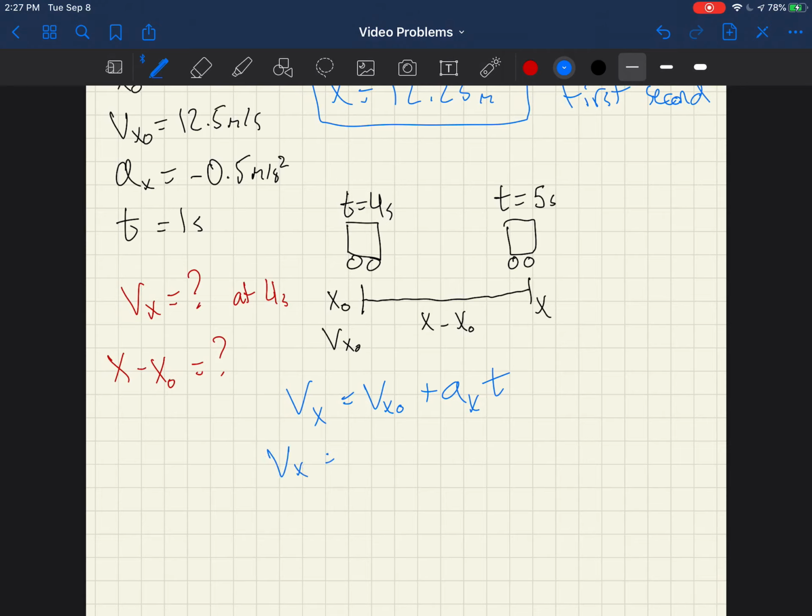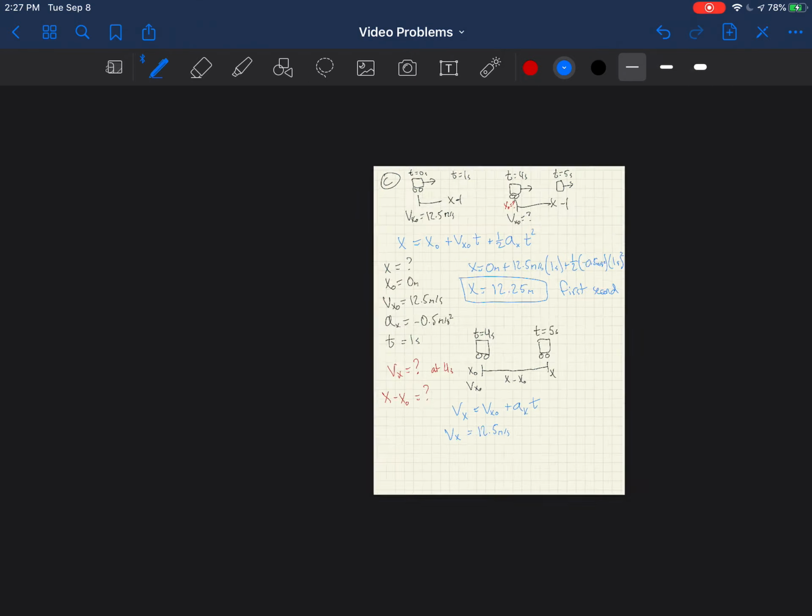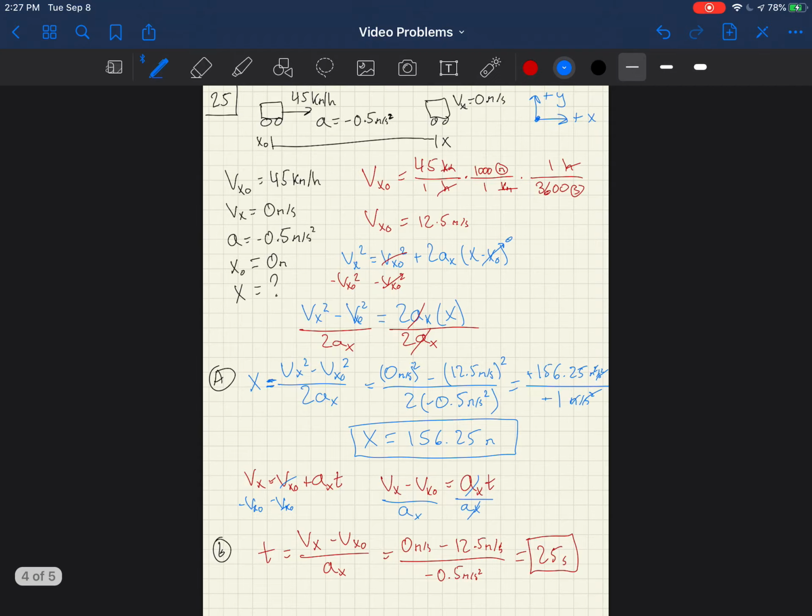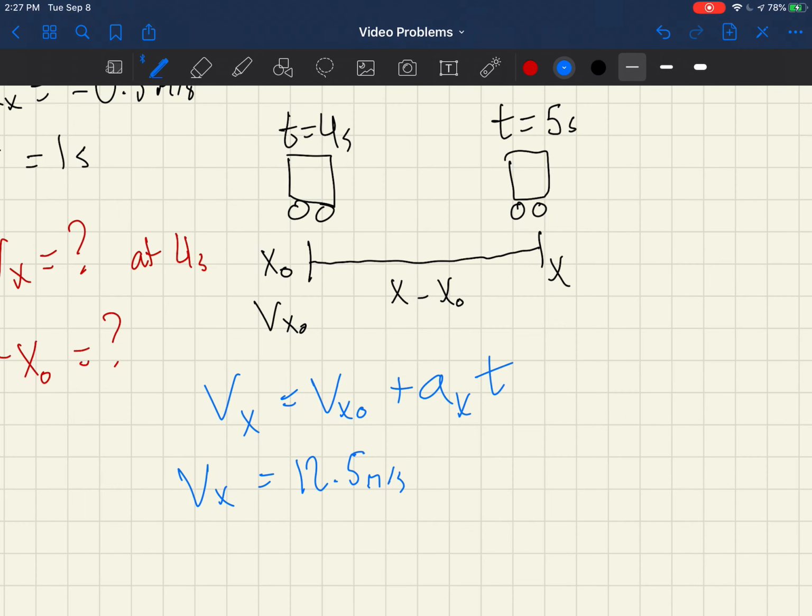So we know that its initial velocity was 12.5 meters per second. Man, I keep saying that. Let me just check. Yes, 12.5. It has negative 0.5 meters per second squared acceleration. And we're saying how fast is it going after the first 4 seconds of motion.